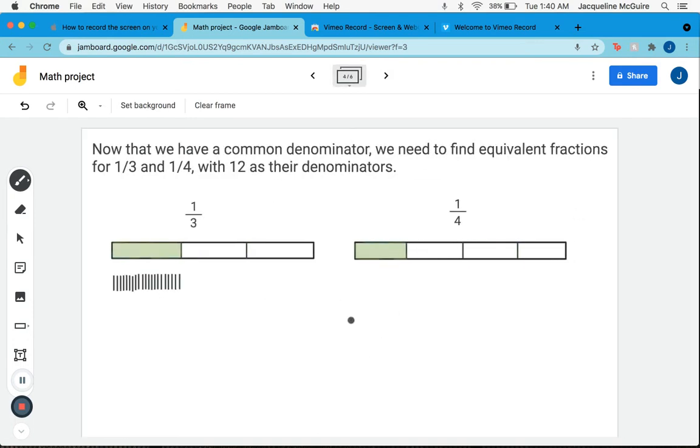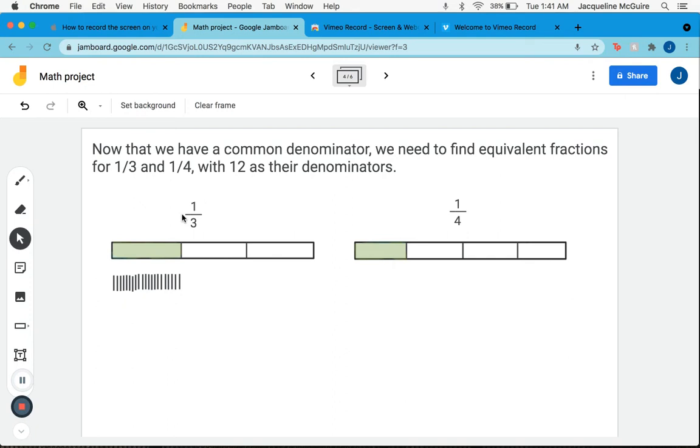So now that we have a common denominator, what we have to do is find equivalent fractions for 1/3 and 1/4, each with 12 as their denominators. So we're going to show you how to do that on this bar. We're going to start out with the 1/3.